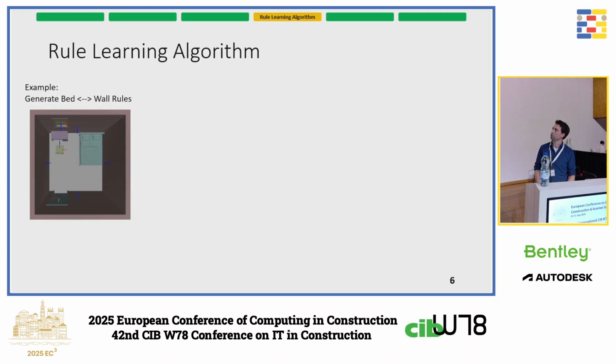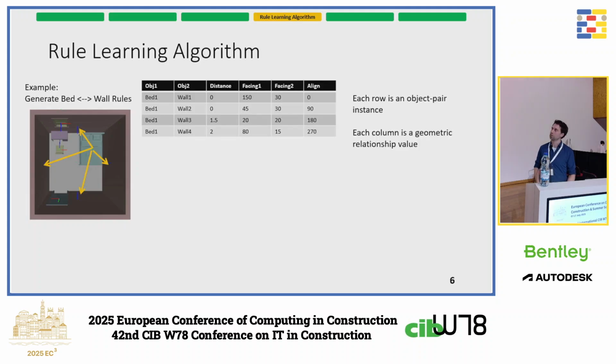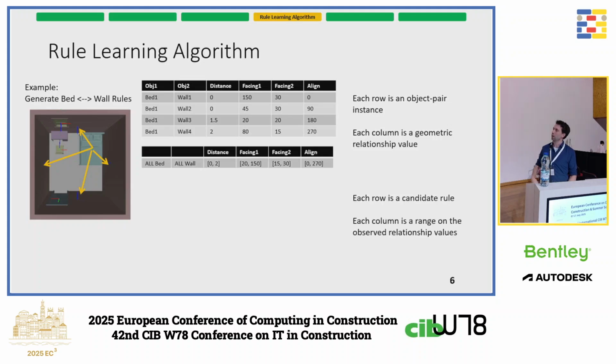I'll give an example here with generating bed and wall rules. The idea is pretty straightforward. You observe a certain number of geometric relationships that you're interested in. And then we have these one-to-one and one-to-many relationships between these object types.